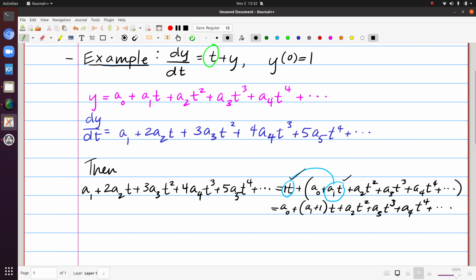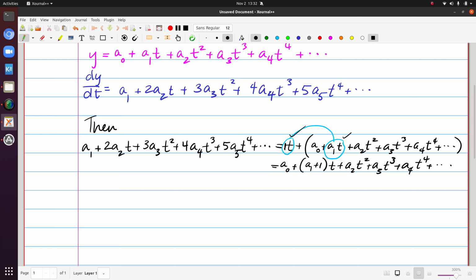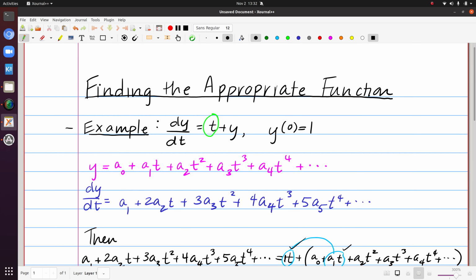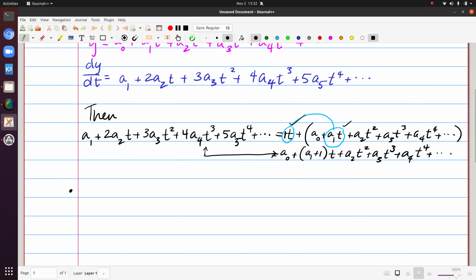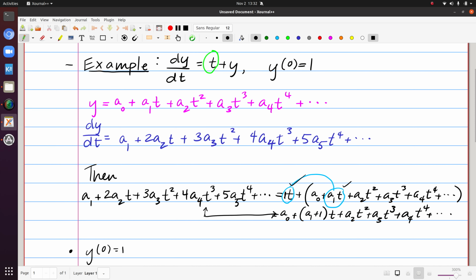So when I now start to equate like terms, I'm going to take this equation on the left and equate it to the one I've written here. So to begin with, I can use my initial condition. Again, here we're told y of 0 is 1. So same thing, I go back up to my equation y here, and I plug in 0 for t.